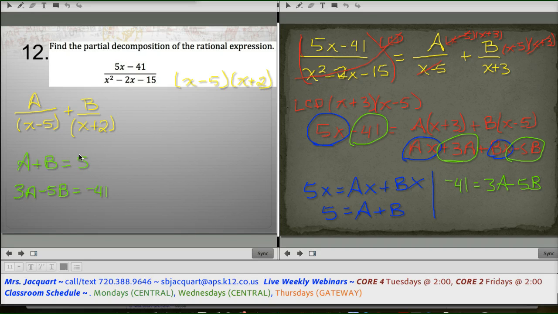Okay, and then let's rewrite our augmented matrix so we know what we're working with, and then we'll come back. So our augmented matrix is 1, 1, 3, negative 5, 5, negative 41. Let's go play with Cramer's rule. Ready? I am.